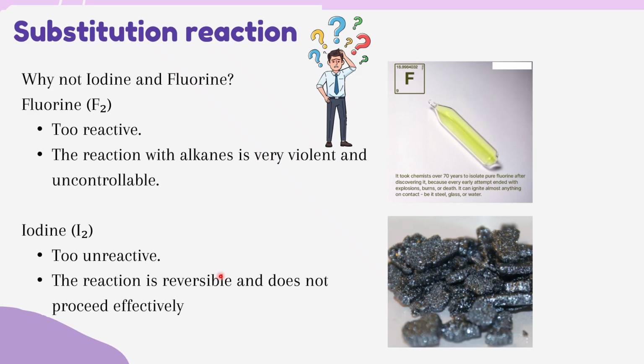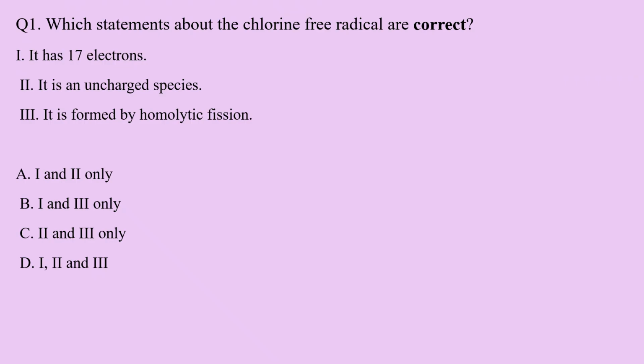Whenever we add a reactant, it forms a product, but again that product gets converted back into reactant. So there is no sense in carrying out this reaction. Hence, we mostly show free radical reaction with chlorine and bromine, not fluorine and iodine.